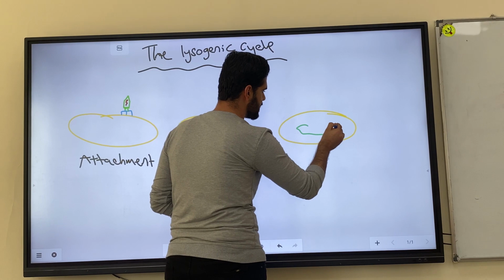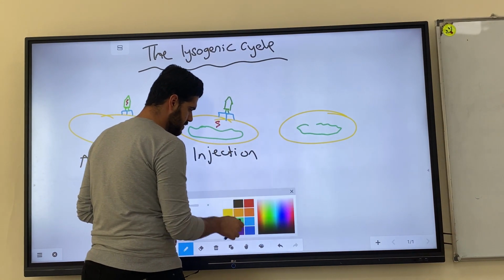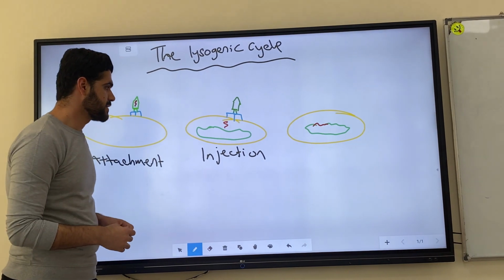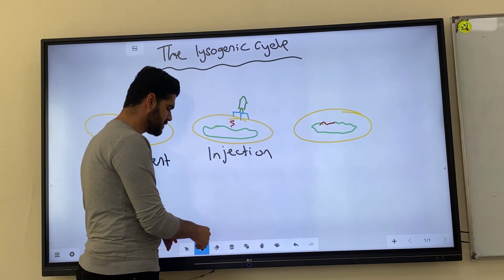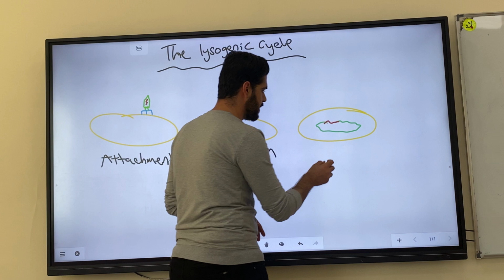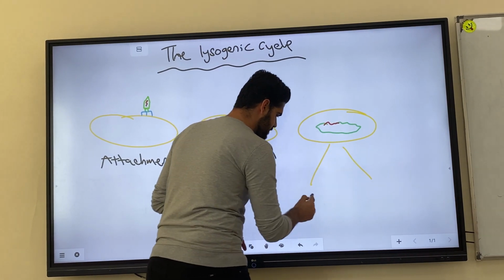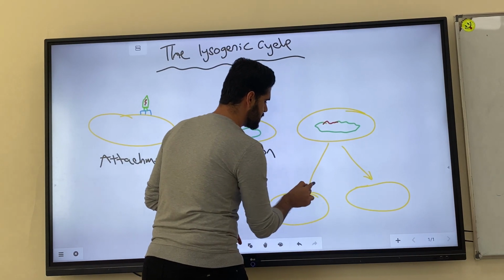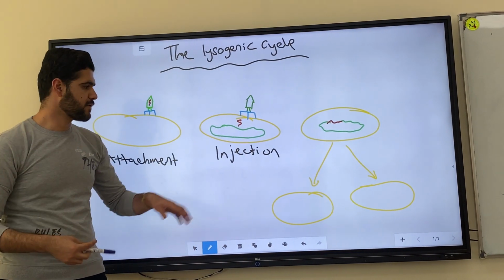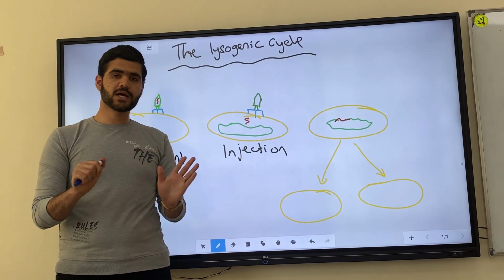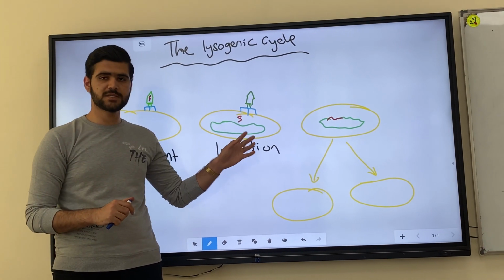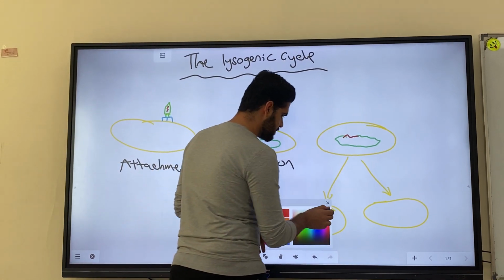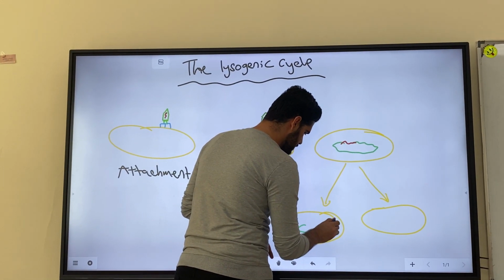And after that, the next step: this is the genetic material of the host cell, and this is the genetic material of the virus. It will stay like this until the cell decides to replicate and undergo mitosis. The cell will make more copies of itself, and they are all containing the genetic material of the host cell and the genetic material of the virus together.